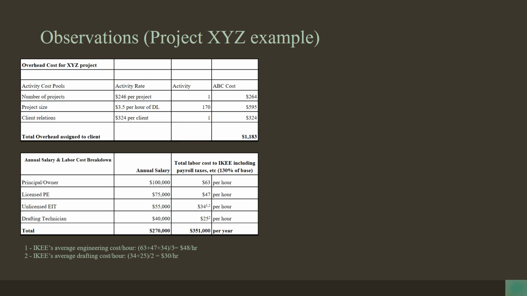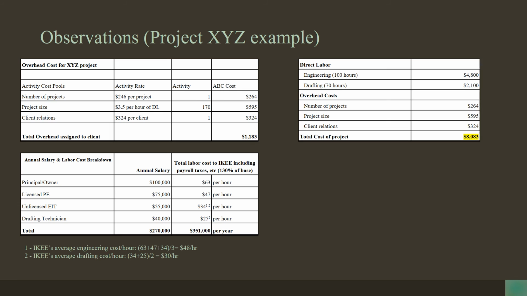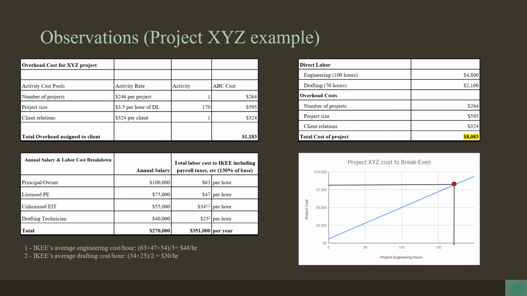The engineering cost per hour equated to $48 an hour. The drafting cost per hour is $30 per hour. Totaling up the direct labor and overhead costs, this project XYZ equated out to about $8,000. So for this project, at any price below that, IKE would take a loss, and anything above that, the company would profit from.